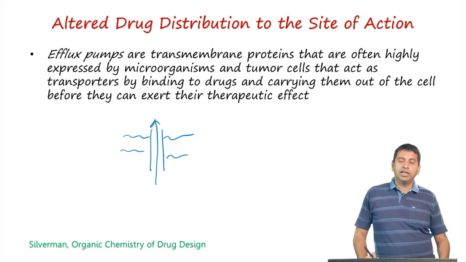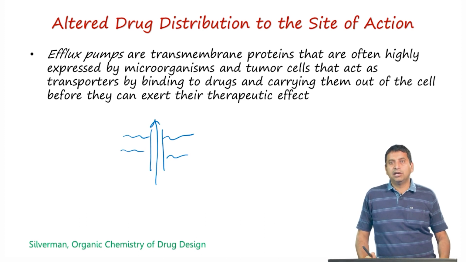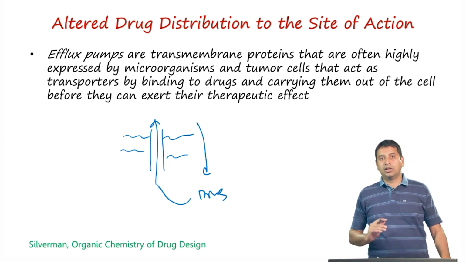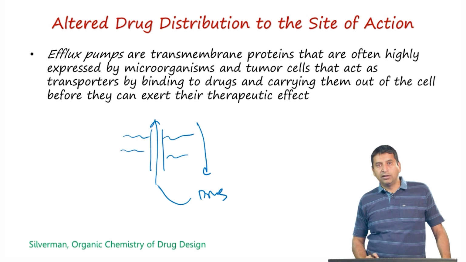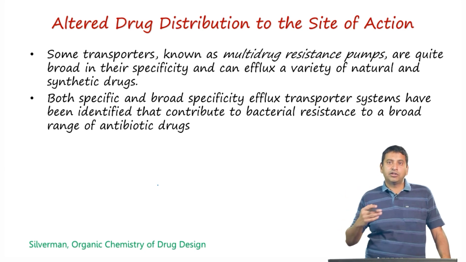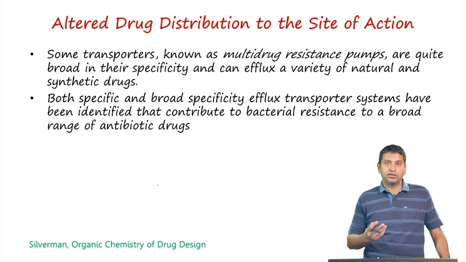If a drug gets in, but the efflux pumps are very active, then the drug is going to get in, but it will be kicked out. So, efflux pumps are a major problem in drug resistance. Some transporters, which are known as multi-drug resistance pumps, are quite broad in their specificity, and they can efflux a variety of natural and synthetic drugs.